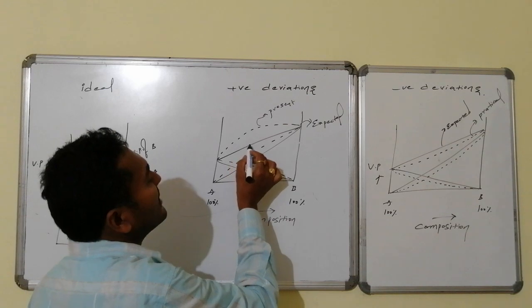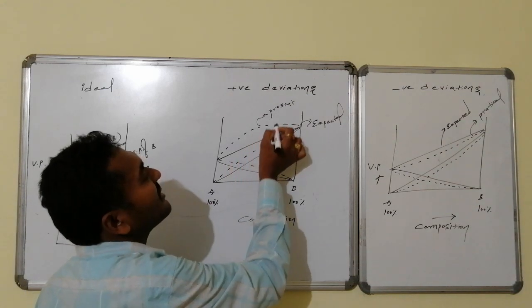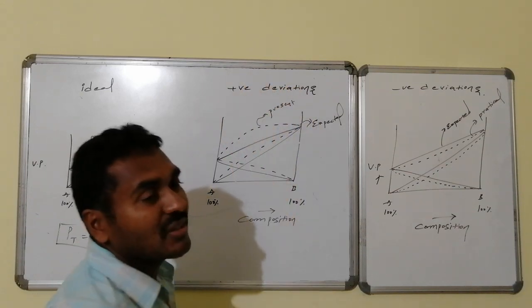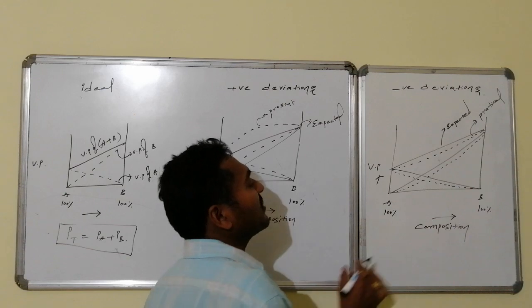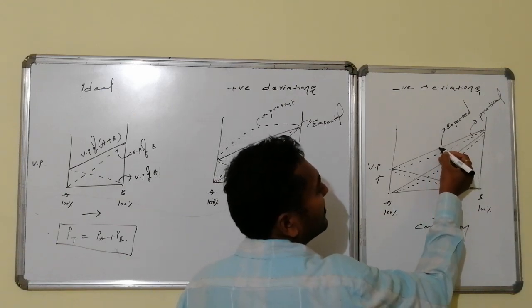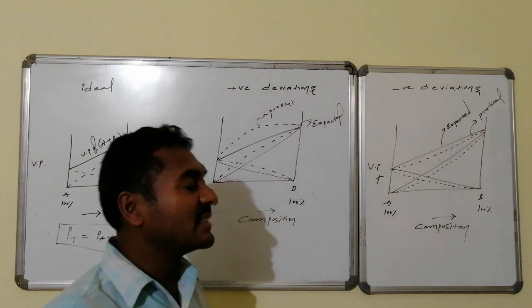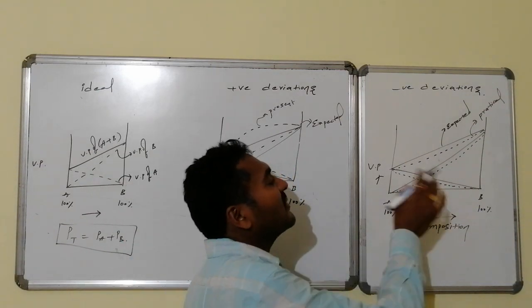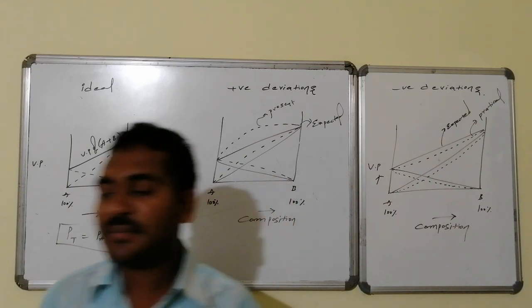But this particular vapor pressure will be what? Higher than the expected, hence higher implies extra, implies positive. Hence all of these are said to be positive deviations containing non-ideal solutions. We are expecting this much, but we are having a lower value, lesser value, negative value. Hence all of these are said to be negative deviations containing non-ideal solutions. Let us go for examples.